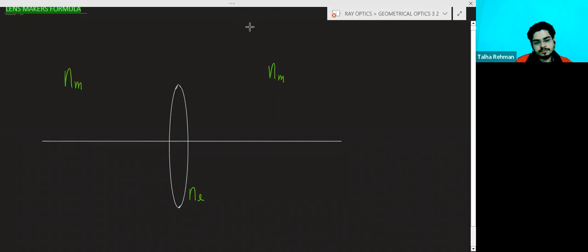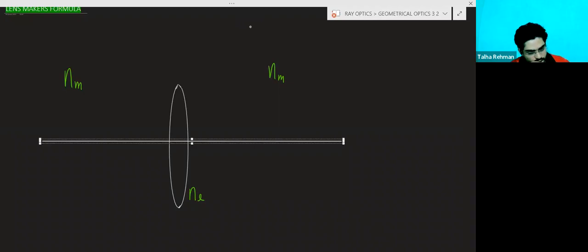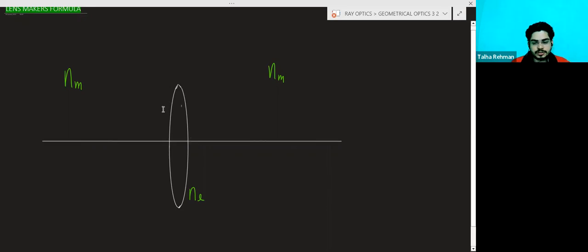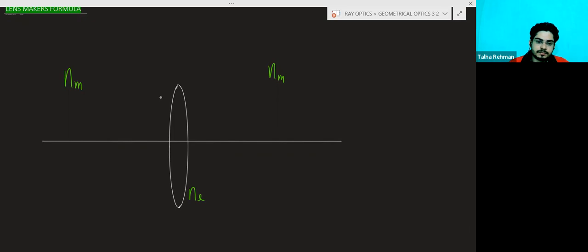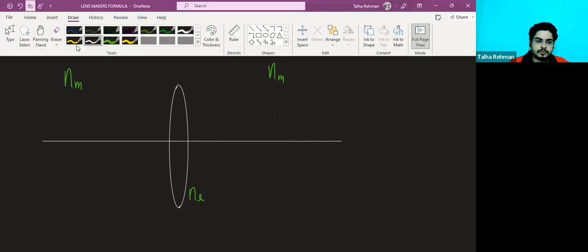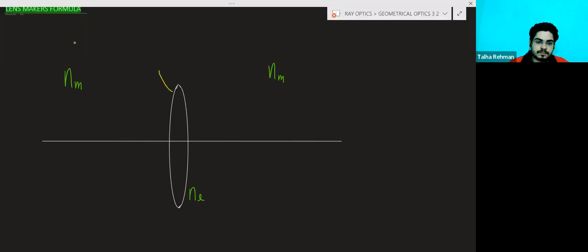Principal axis. Now, for this surface, suppose the radius of curvature is R1, and for this surface, the radius of curvature is R2.